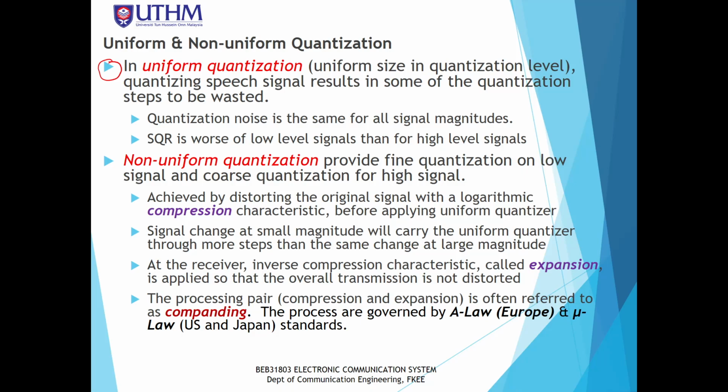Quantization noise is the same for all signal magnitudes. So this is going to produce a worse SQR, signal to quantization noise ratio. SQR is worse for low level signals than high level signals.